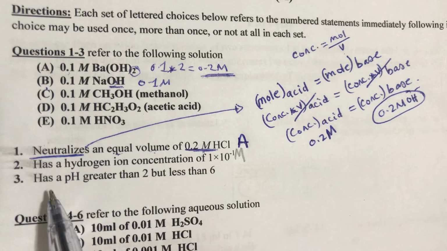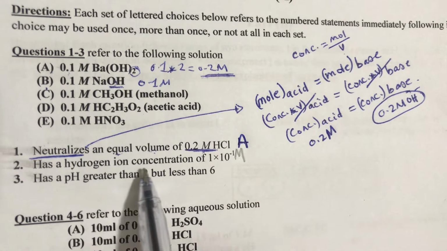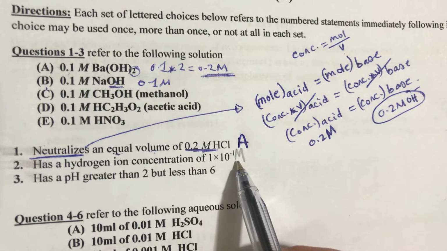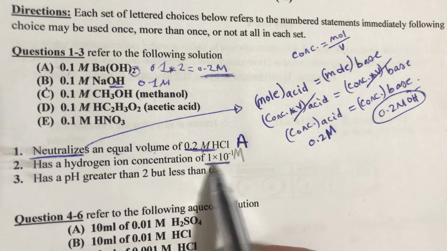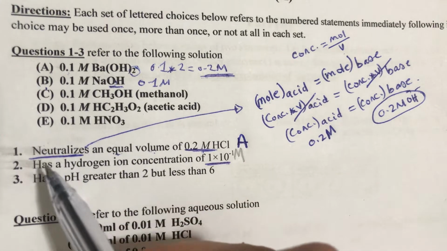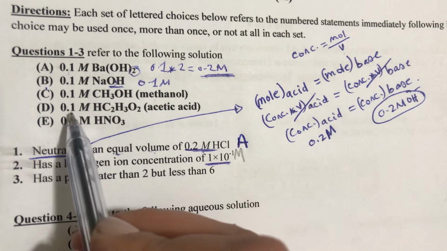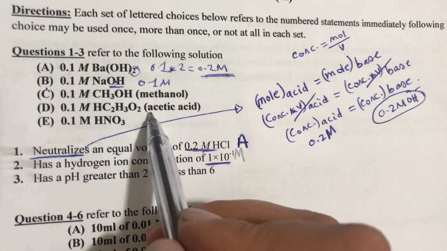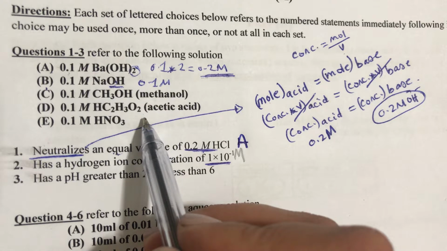Question 2 has a hydrogen ion concentration of 1 times 10 to the power negative 1 molar. So here D and E are the acids. D is 0.1 molar acetic acid, a weak acid that does not completely ionize.